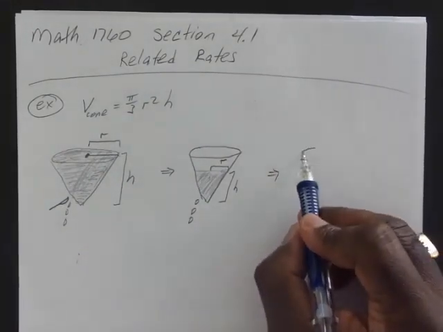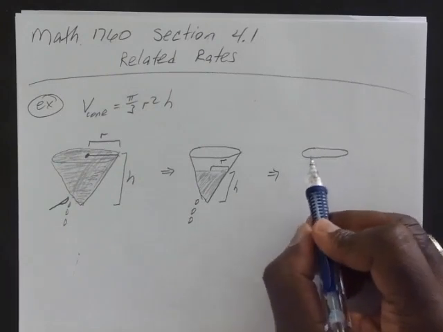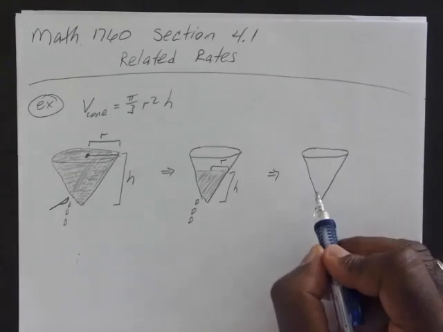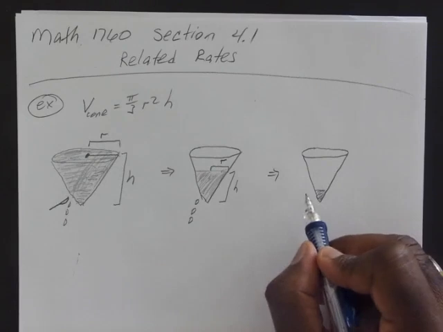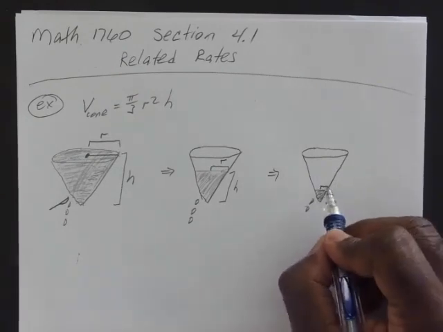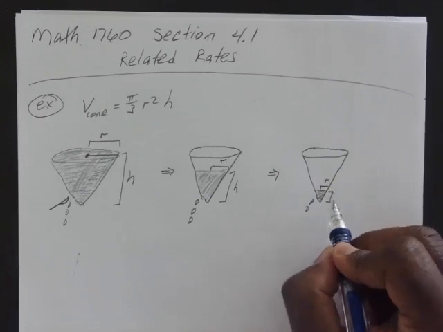Okay. So again, after a while, it's just going to keep dripping out until it's almost empty, where your radius is even smaller and your height is even smaller.